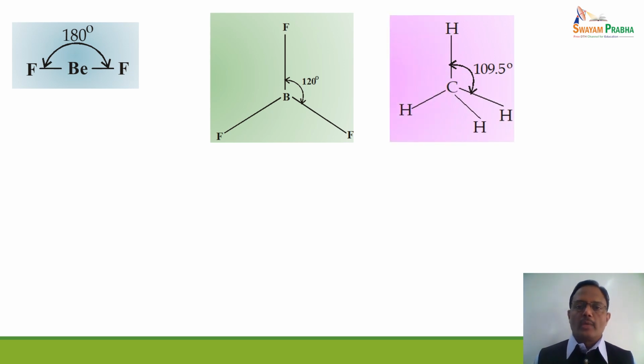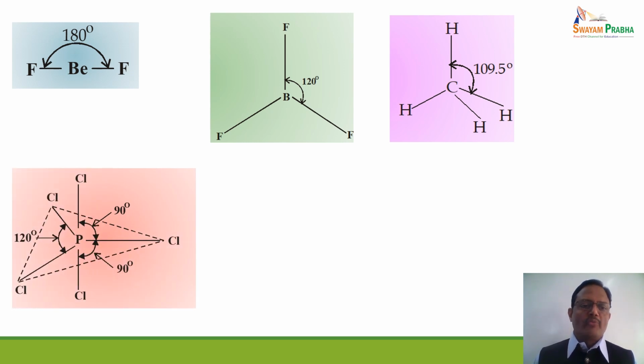Coming to the CH4 molecule, carbon has 4 electrons in the valence shell. Each hydrogen is contributing 1 electron. As a result, there are 8 electrons, meaning that there are 4 valence shell electron pairs. Hence, they try to remain as much away from each other as possible, and so the angle will be 109.5 degrees with a tetrahedral geometry.